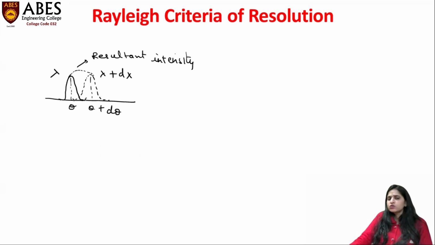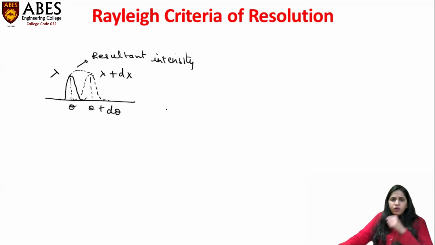In this condition, the two spectral lines are not resolved. If we talk about violet or indigo, these are not separately visible, or the first order VIBGYOR and the second order VIBGYOR are not separately visible.